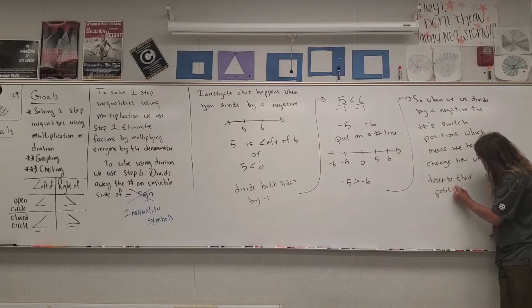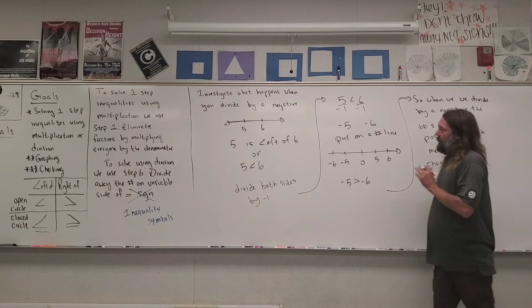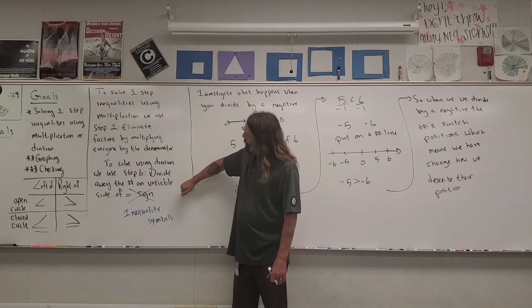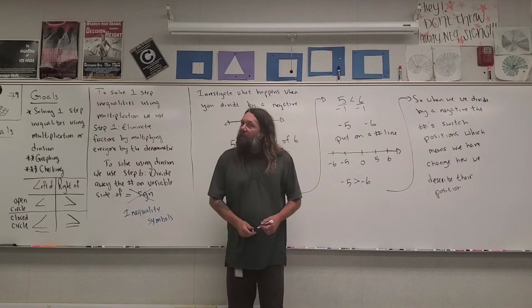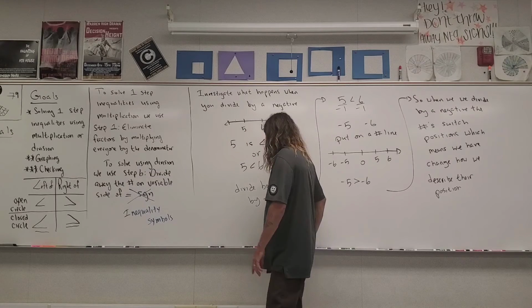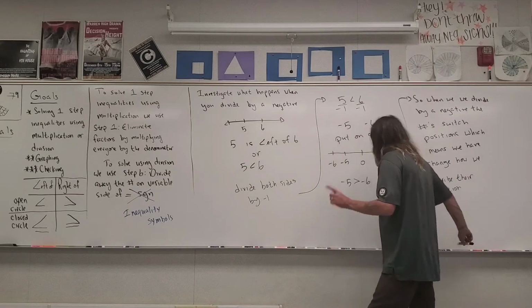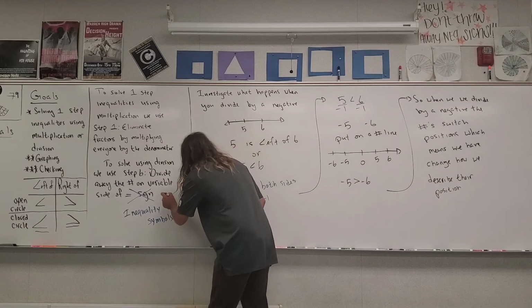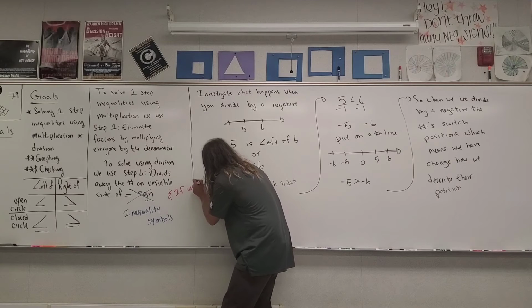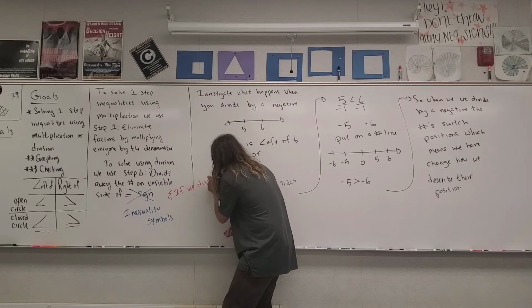So what that means for us is to solve using division, use step 6. Divide away a number on the variable side of the inequality symbol. And if we divide by a negative, we must switch the inequality symbol. Only if we divide by a negative.